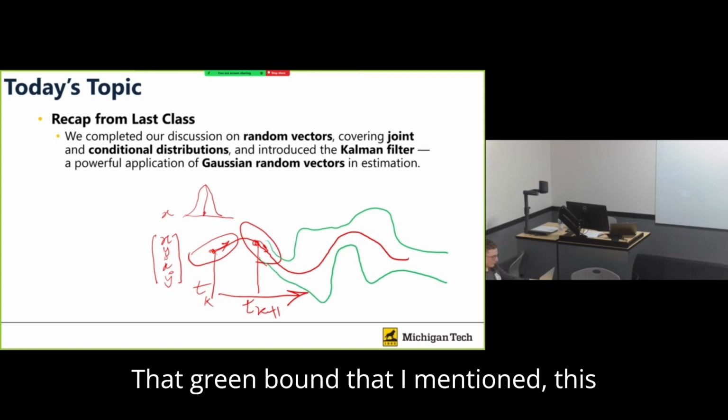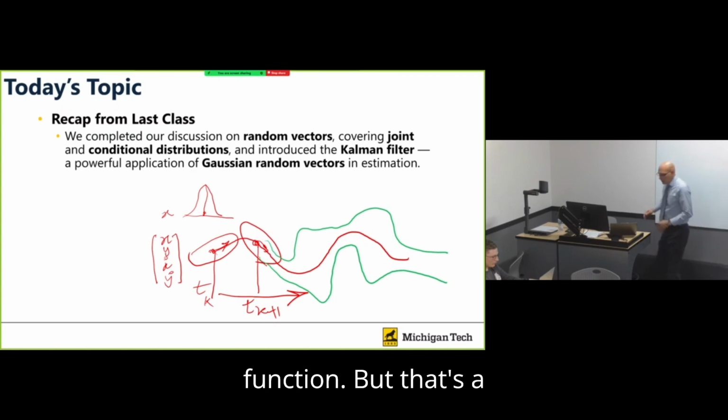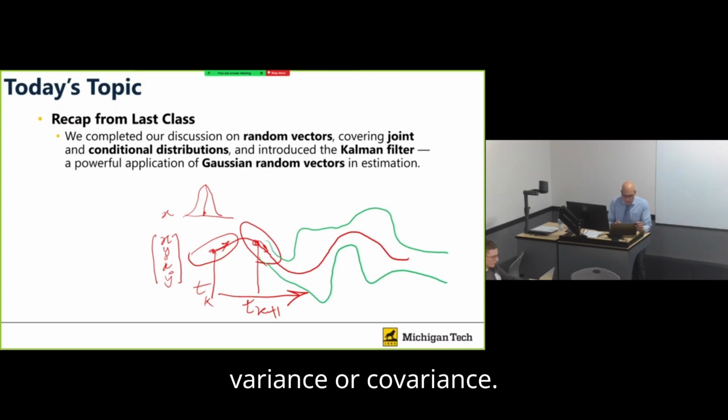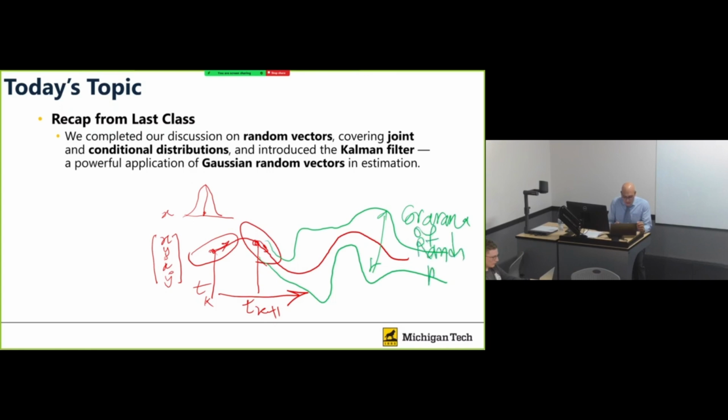That green bound that I mentioned, this function can go in this and make thousands of functions. So that's the variance or covariance of a random process. And this is a random process.